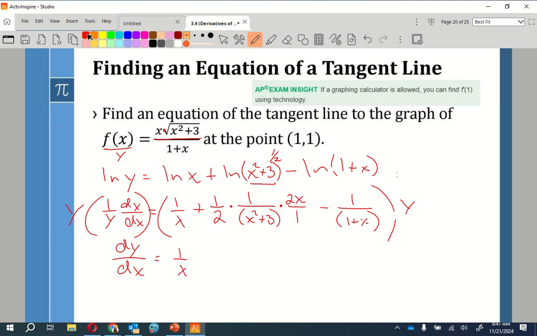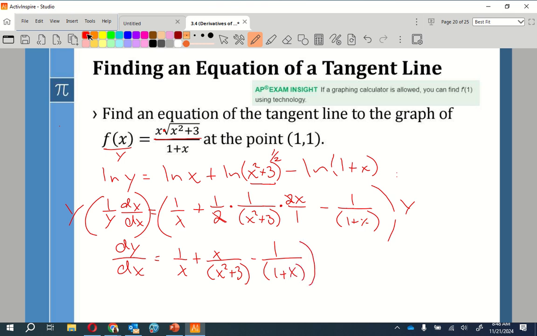One over x. 2's cancel there, so I'm left with plus x over x squared plus 3 minus sign 1 over 1 plus x.